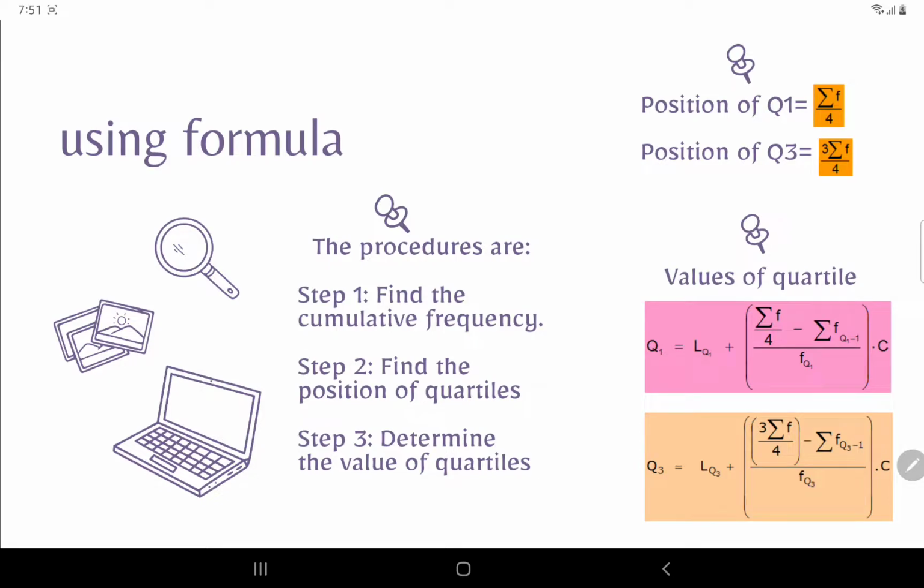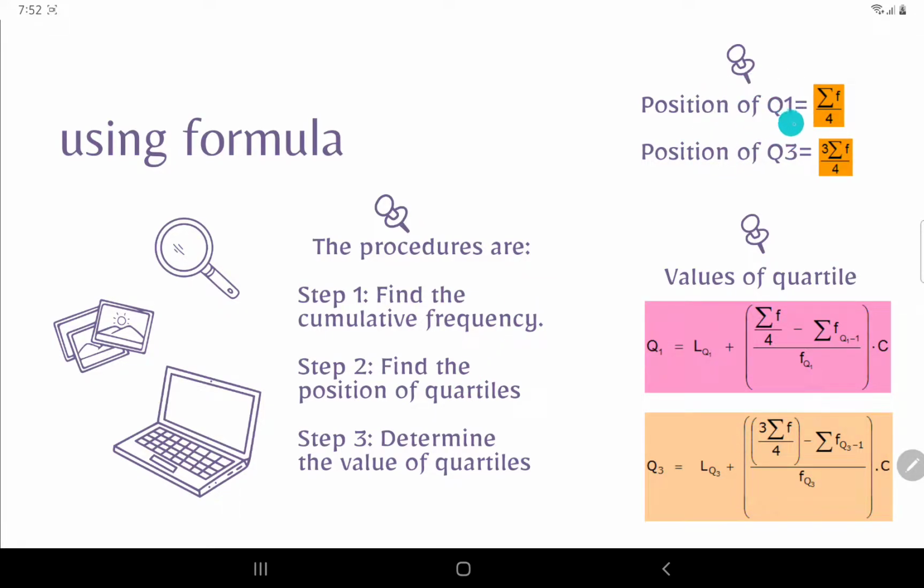To use the formula, the procedures are: first, you need to find the cumulative frequency. So you need to add another column in your distribution table for cumulative frequency.